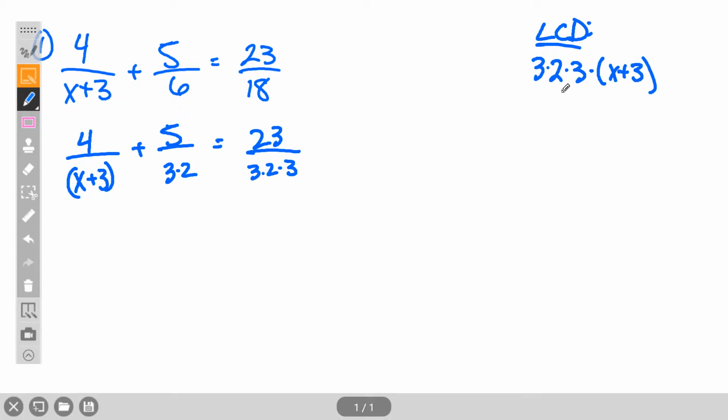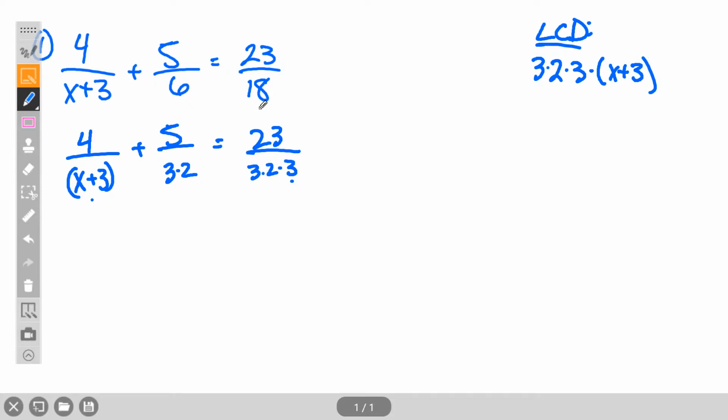So the LCD here would be 18 times x plus 3, because two of them have a 3 and a 2 in common, and then they don't have a 3 in common, and they don't have an x plus 3 in common.